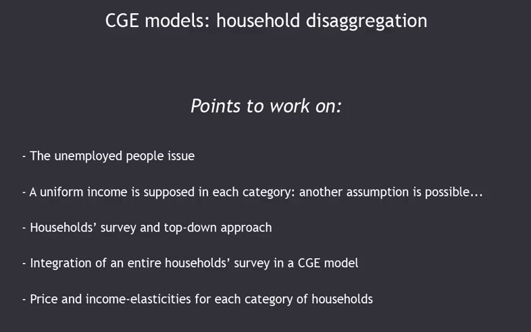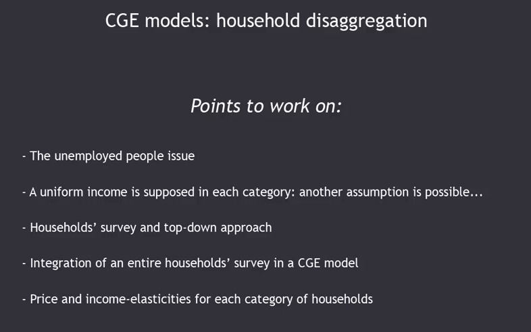One can use a household survey, and from this survey use what is called a top-down approach. That is to say, insert the results of the model into the household survey to obtain very disaggregated results. With the top-down method, we have detailed information, but a strong criticism is that households do not react to price and income variations.